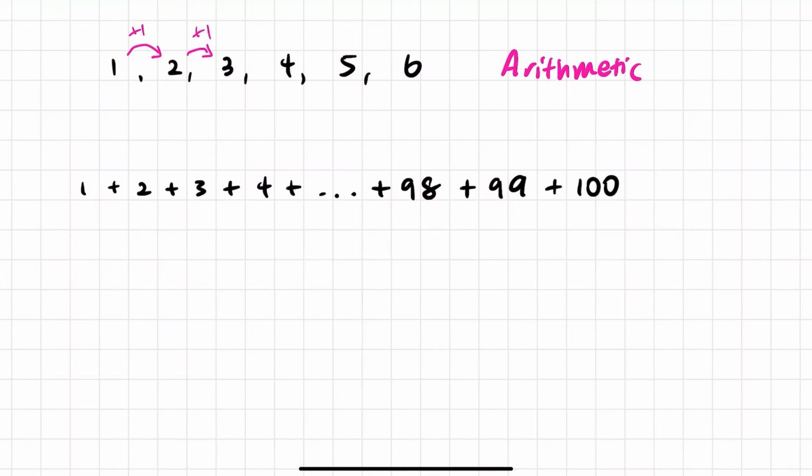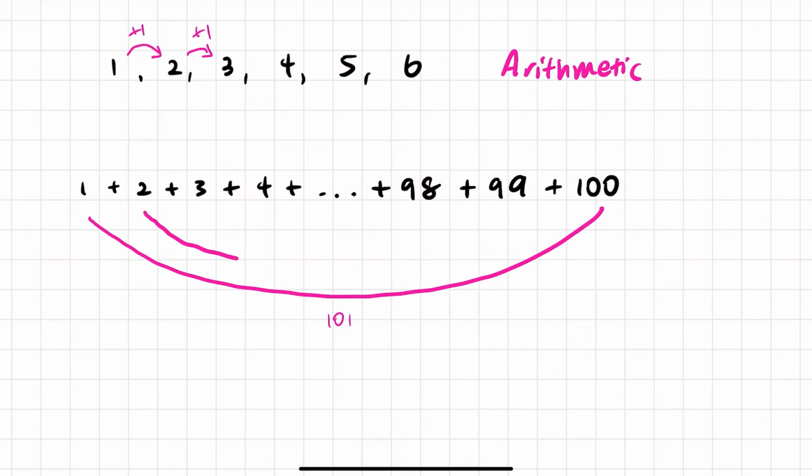If we think about adding 1 to 100, that's 101. And if I add 2 to 99, that's also 101. So in an arithmetic series, if you add the pairs of numbers from the ends together, we keep getting the same sum.